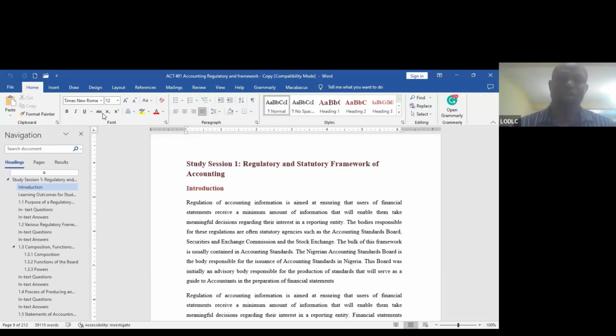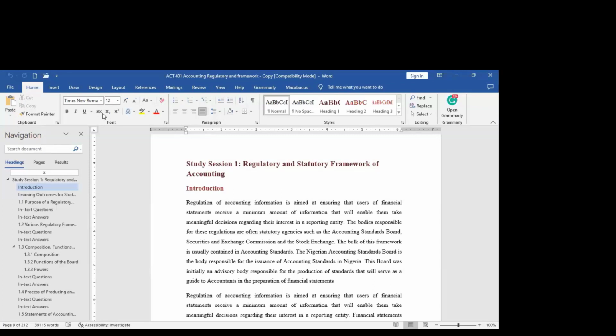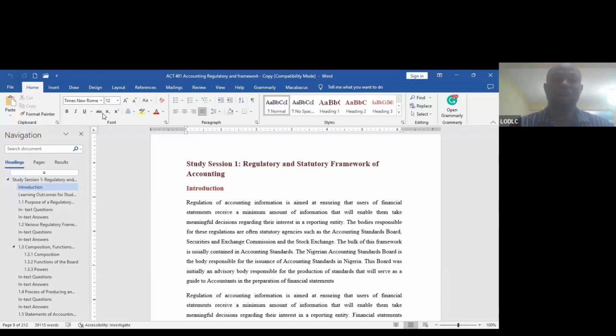When we are talking about regulation, in every accounting organization, the main purpose of regulation is to ensure that the users of the financial information have adequate information that they can rely upon. What do I mean? For them to make an informed decision, they must be furnished with a certain level of information.